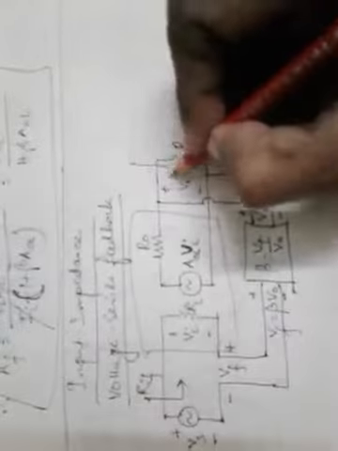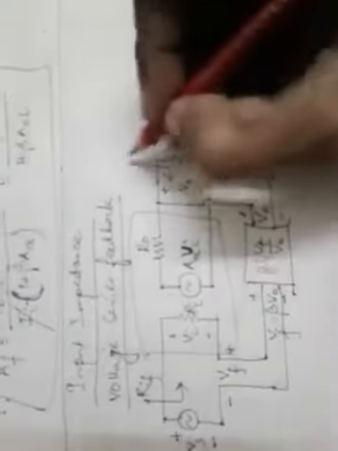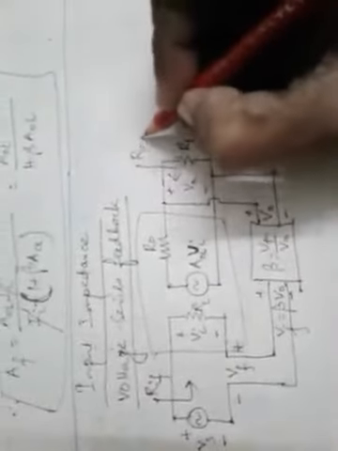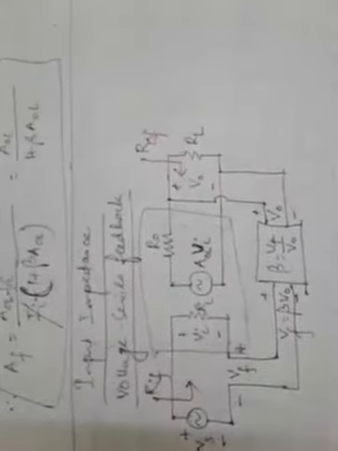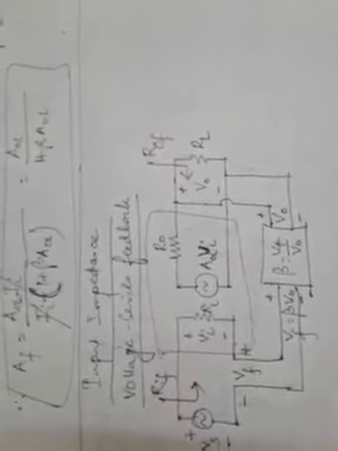And if we look in from the output side, we can measure it as ROF, that is output resistance with feedback.